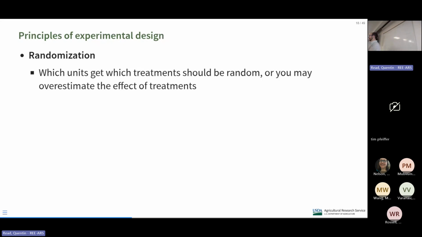Which units, which individuals, plots, whatever, receive which treatments should be random. If it's not, then that can cause an overestimate or even an underestimate of the treatment effect. So any unit that's entered into the experiment should have an equal chance of getting any of the treatments.